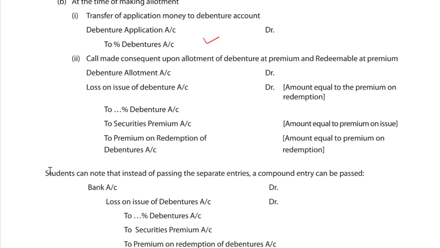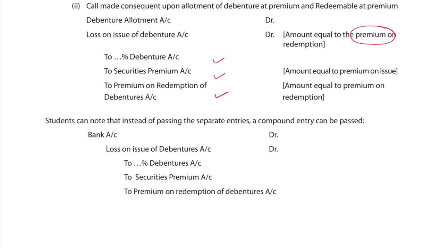Call made subsequent upon allotment of debenture at a premium and redeemable at premium: debenture allotment account debit, loss on issue of debenture debit, that is the amount equal to premium on redemption, to debentures, to securities premium, to premium on redemption of debentures account.